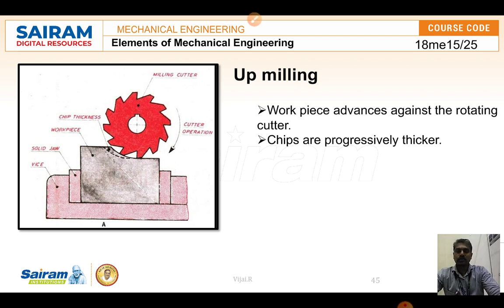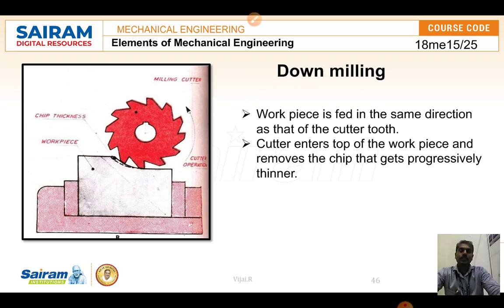That is, when we move opposite to the direction of the rotating cutter, this is called up milling. The thickness of the chips gradually increases, so the chips are progressively thicker in this case.